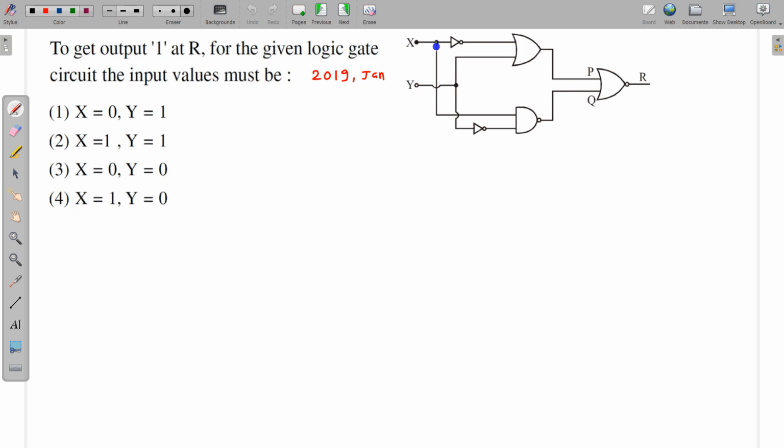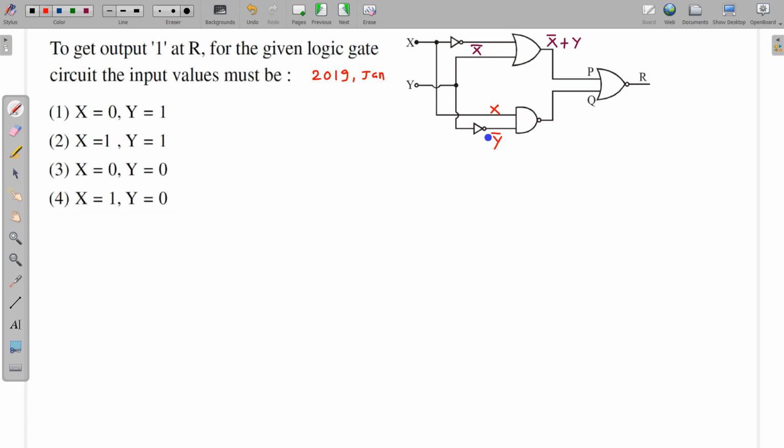This X is passing through this NOT gate and it will give X bar, and in this gate X bar is fed, and from here Y is coming and this Y is fed into this. This is an OR gate, and from here we will get X bar or Y, that is X bar plus Y. For this operation, X is coming here directly and this Y is passing through this NOT gate, so this will become Y bar.